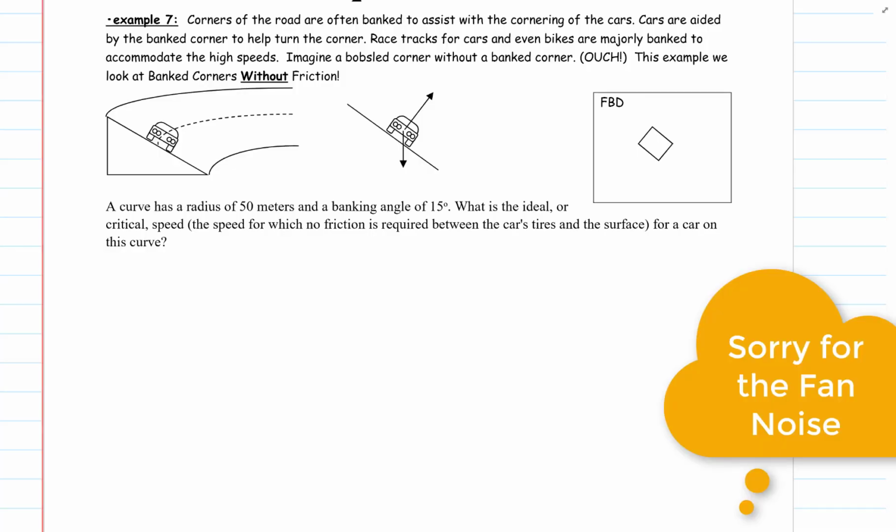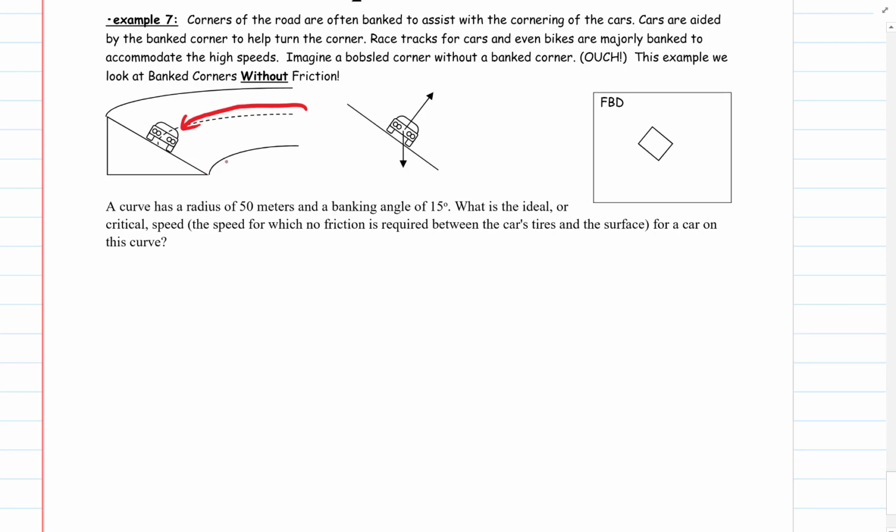So this is a corner that we're doing without friction. The car is coming around the corner, heading towards us here, and it's on a banked corner, and let's call it black ice. There's no friction on that, so he still continues the corner without sliding off the road.